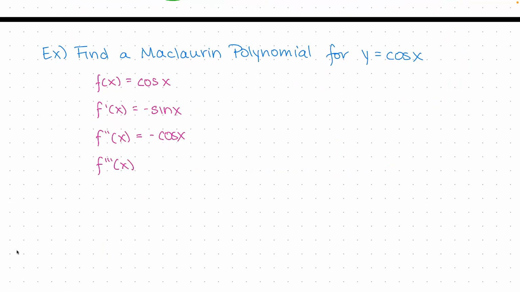The third derivative is sine x. The fourth derivative is cosine x. Definitely a pattern here. Sometimes you see the pattern just in the derivatives. Sometimes you don't see a pattern until you actually start plugging in the c. And even then, sometimes you don't see a pattern.